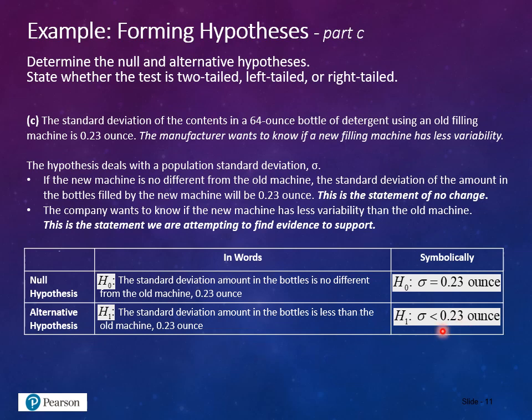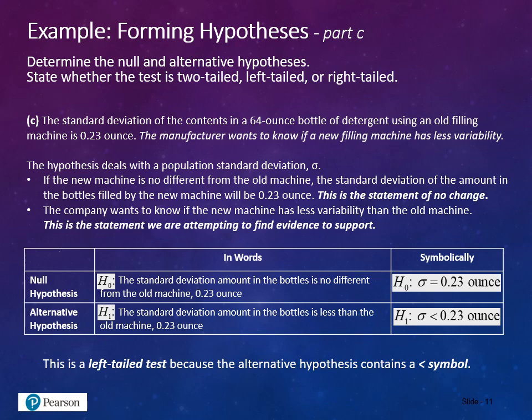And you can see the less than symbol here pointing to the left, which makes this a left-tailed test. Okay, so hopefully those have helped you figure out how to write a null hypothesis and an alternative hypothesis that we're going to be testing.